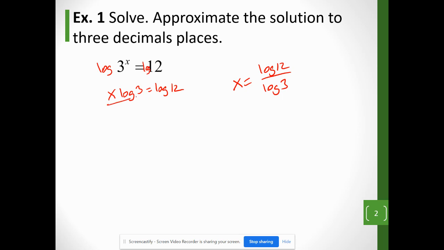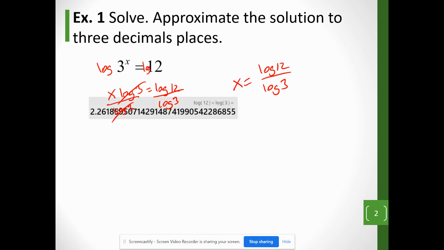I'm going to divide both of my sides by log of 3. By all means, please do me a favor. Do not cancel the logs, the word log, and do not simplify 12 divided by 3. Literally type in log of 12 divided by log of 3.